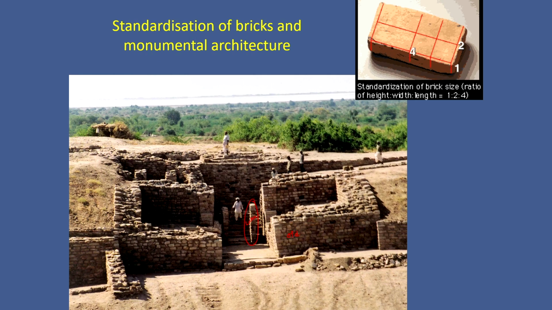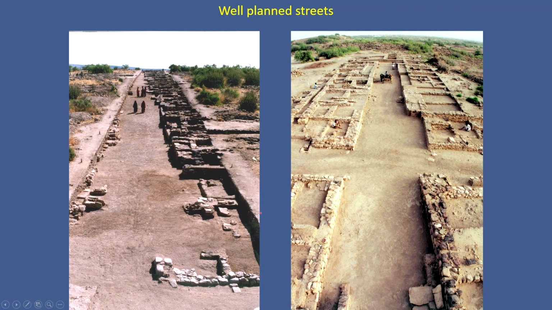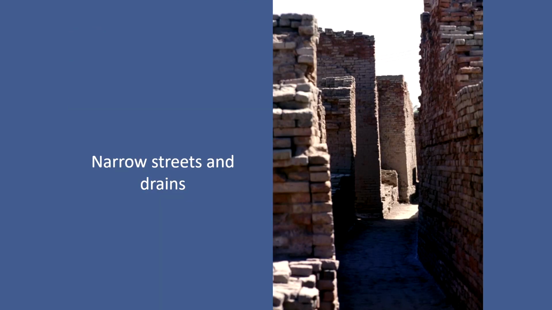Okay, and you can see well-planned streets which were excavated. Unless there was a conducive climate, or environment, there would be no reason for these people to come and flourish in this area.